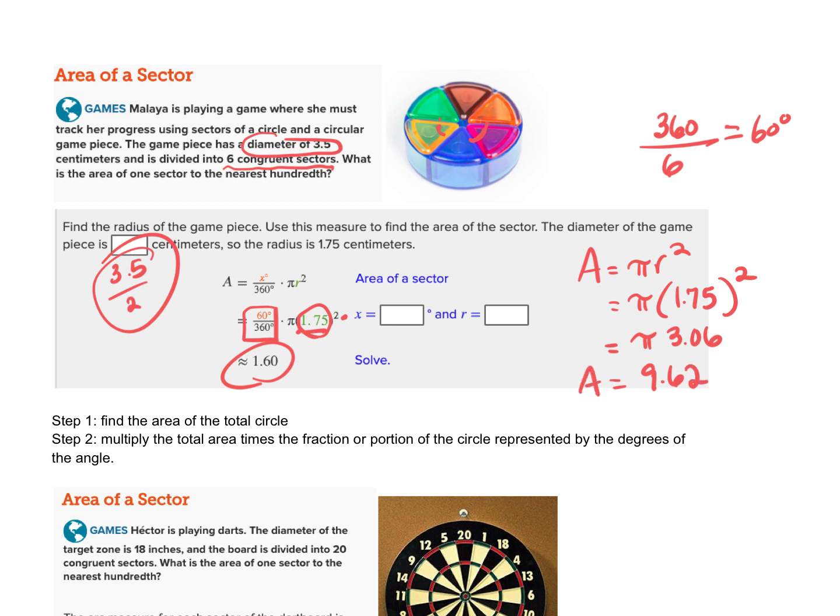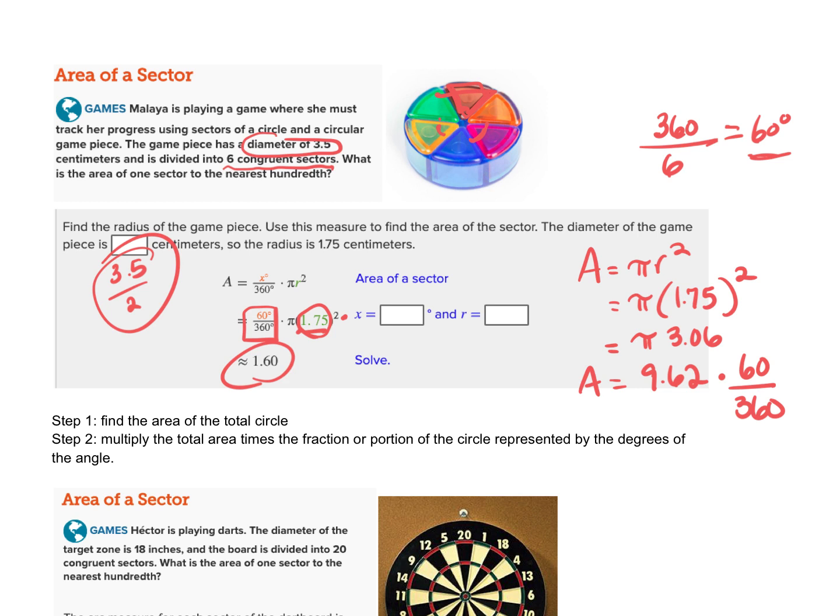Okay, so that's the total area of the circle. So then now I'm going to multiply this times the 60 over 360, because each individual piece, and there's 6 congruent pieces, is equal to 60 degrees.